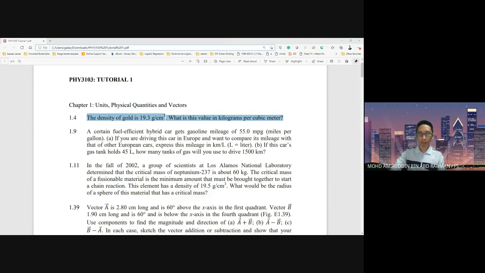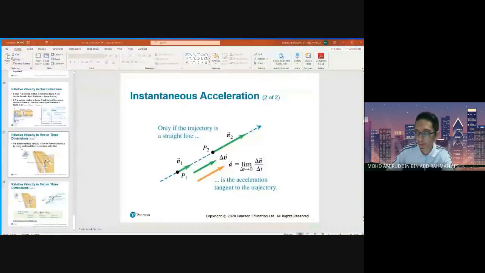So that's how you should write the answer. 1.93 times 10 to the 4 kilogram per meter cube. So anyone who hasn't got the answer like that, can let me know. I'm going to share the answer. Give me a few seconds.